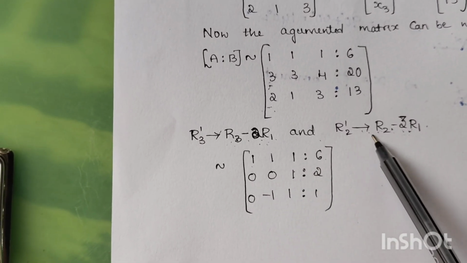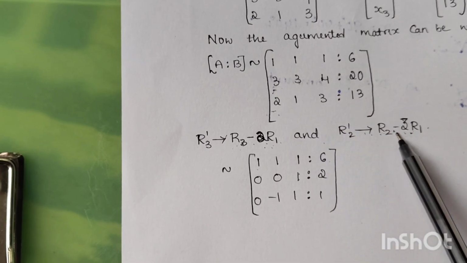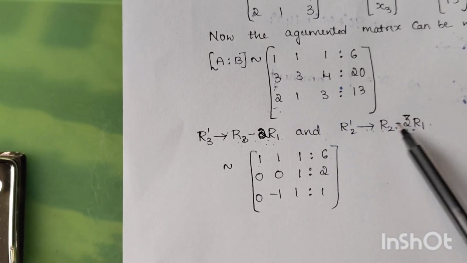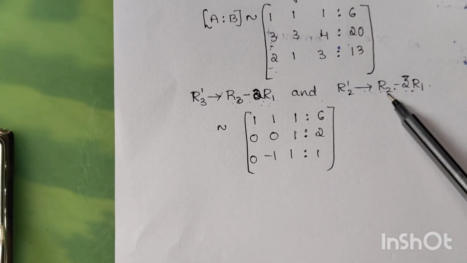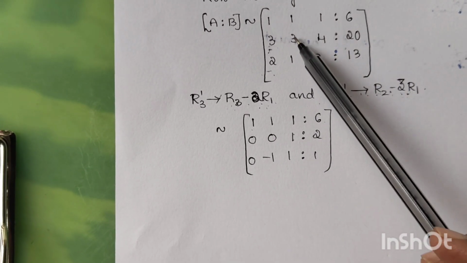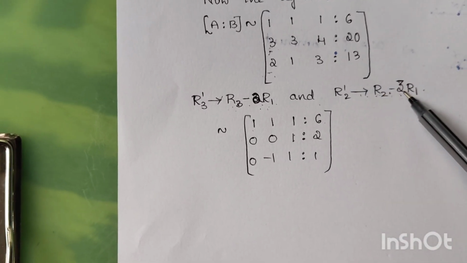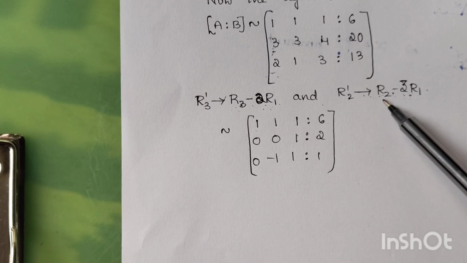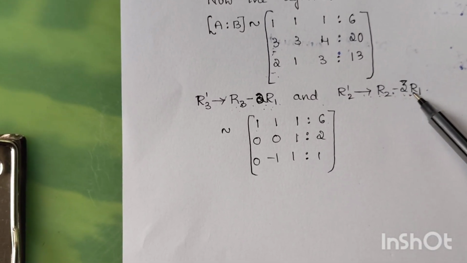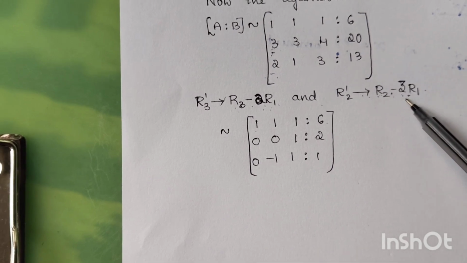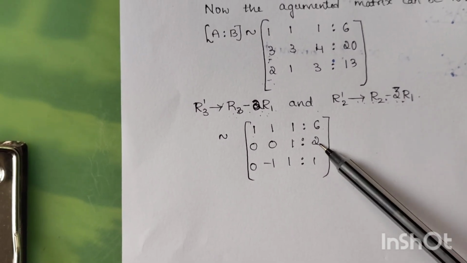Second row, R2' = R2 minus 3 times R1: 3 minus 3 is 0, 3 minus 3 is 0, 4 minus 3 is 1, and 20 minus 3 times 6, so 20 minus 18, we get 2.